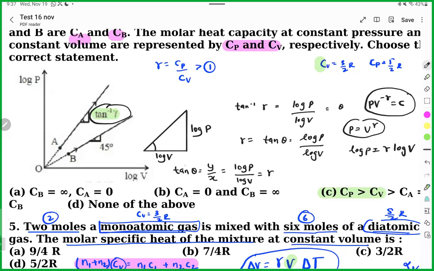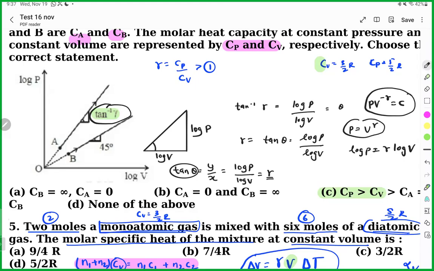Tan will go to the other side, it will become theta. And theta is equal to gamma is equal to log P by log V. Okay. So in this case, Cp will always be greater than Cv.